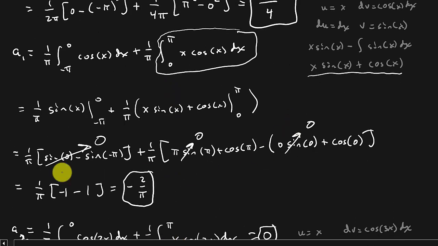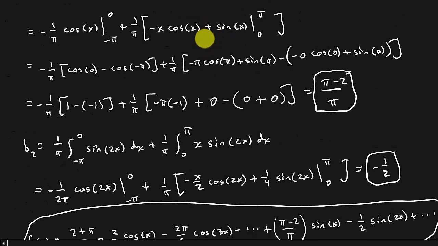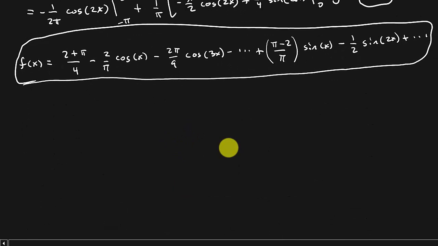And look at all the work we did. We had to integrate all that stuff there, okay? So you're probably thinking, well, there's got to be a better way, and there is. But I just wanted to go through that with you, basically to do a lot of integrals, so it's going to come easy to you.